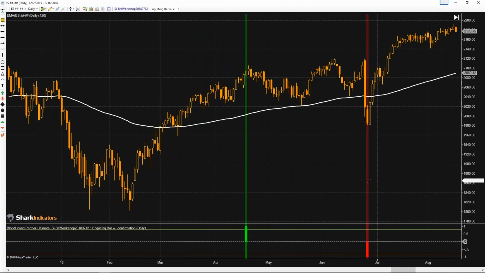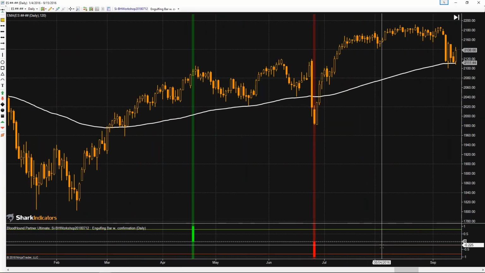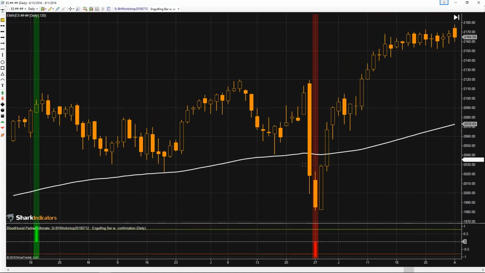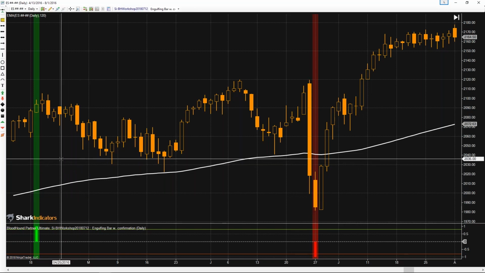Let's see here. All right, so does this... Yep, that is an engulfing bar, and we had a break of the low. All right, yep, so that's our confirmation bar.